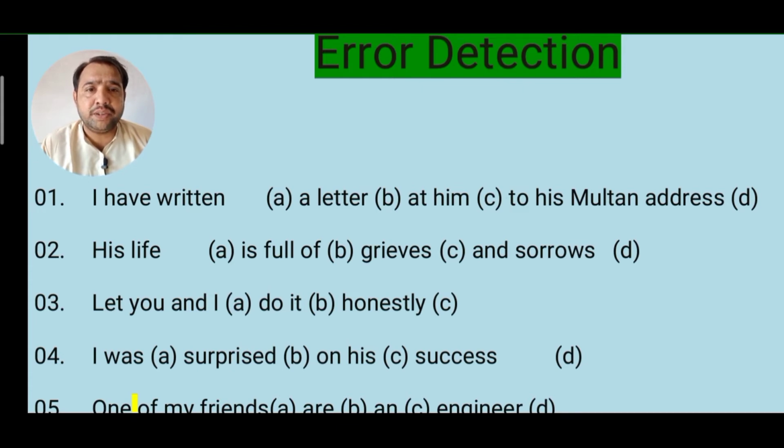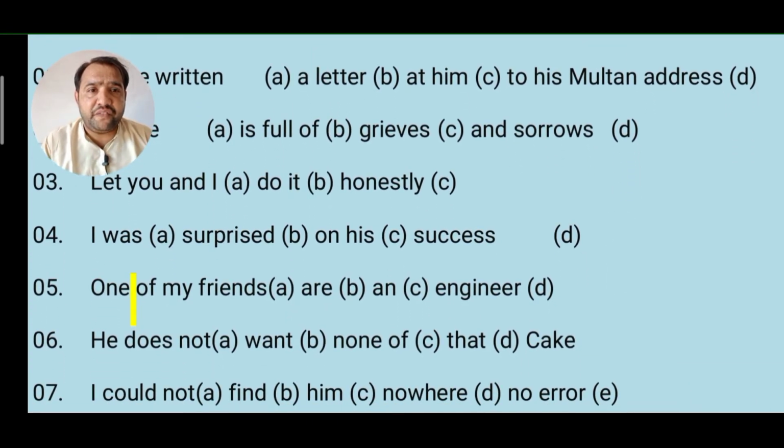So here it becomes I was surprised at his success. In the fifth sentence, one of my friends, here this one is a distributive pronoun. So guys, it should be remembered that all the distributive pronouns, one of them, each of them, none of them, carry a singular verb. So here in this sentence we should say one of my friends is an engineer.